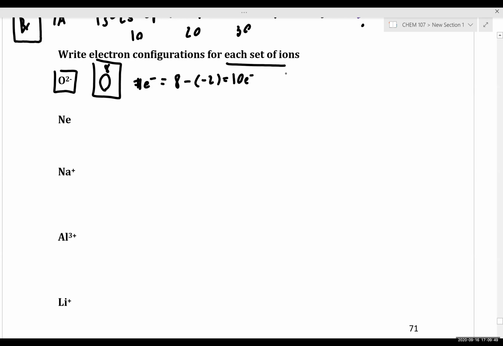So if we find our closest preceding noble gas, that would be helium. And then we fill in our orbitals from the lowest to the highest energy. As we notice, the configuration for O2 minus matches the configuration of the noble gas neon, which is helium 2s2 2p6.